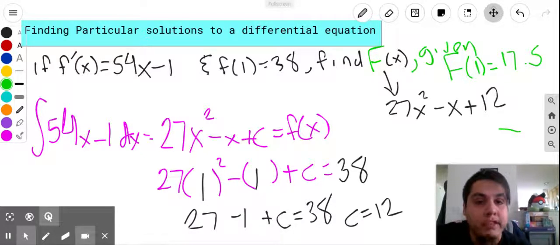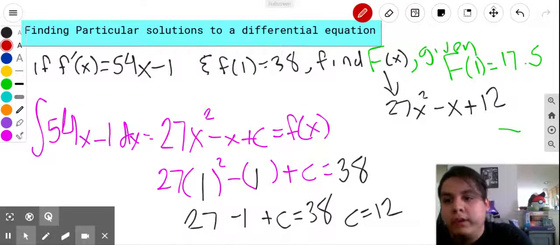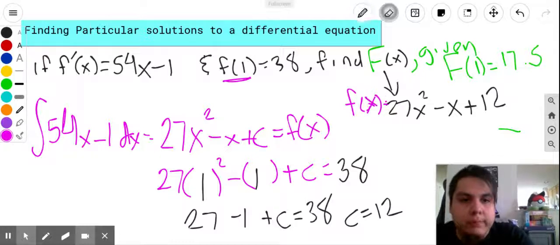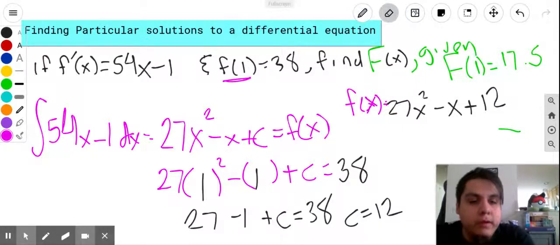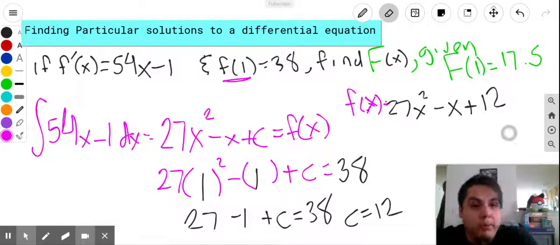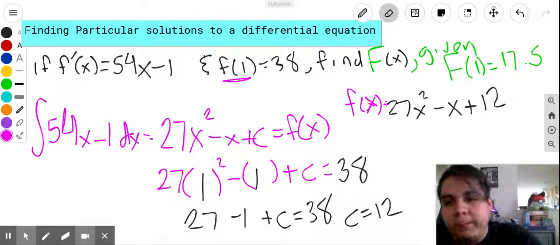The first thing I need to do is figure out what f of x should equal. So based off all the calculations I have, I know that so far f of x should equal this equation. So now we're doing the same thing we just did. We just have to do it one more time with this larger equation. So let's go ahead and update.